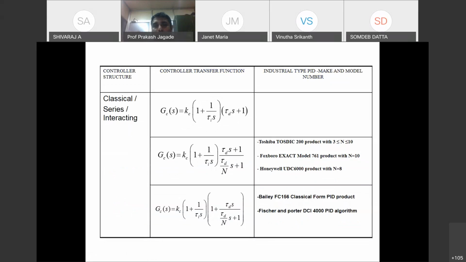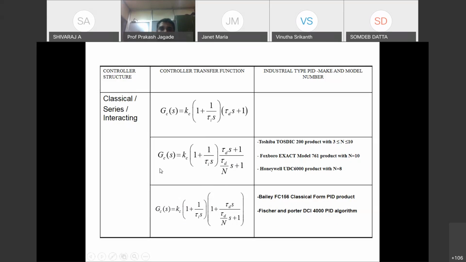Toshiba, Foxboro, and Honeywell UDC 6000 make use of this series form PID controller, with which the controller tries to maintain the process variable at the desired set point. Here again, there are 4 parameters: Kc, tau i, tau d, and n.